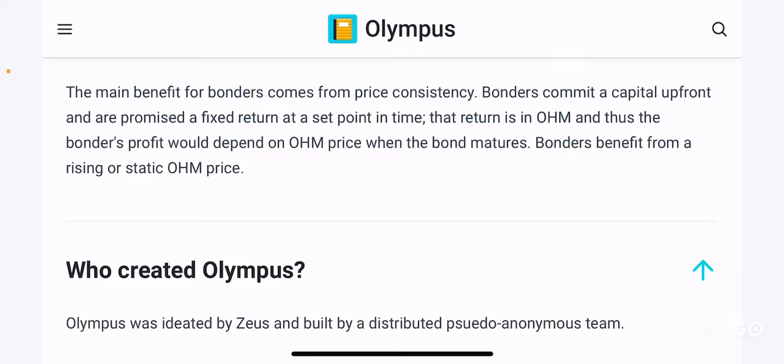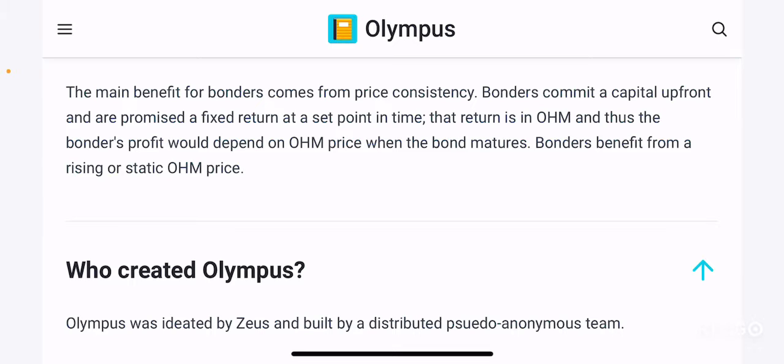So when you bond in Olympus, your LP token will have its own value. Let's say the LP token in this particular example is $2,000, because the underlying tokens are worth $1,000 each, right? Just for the purpose of example. So your LP tokens are worth $2,000 when you bond them in Olympus.